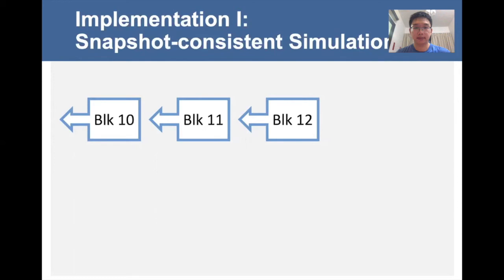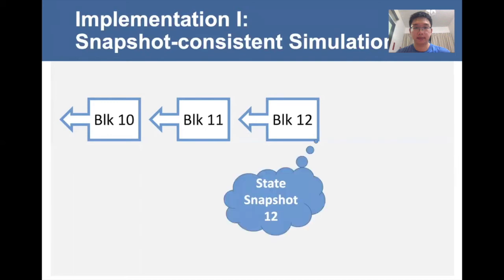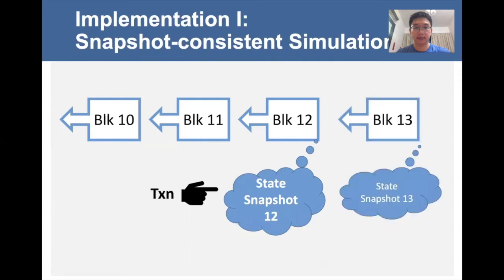In particular, whenever a block is committed, we create a state snapshot. A transaction is simulated on the latest state snapshot at its start. Even though during the execution a new state snapshot is created for a new block, this transaction continues to use its current state snapshot determined at the start.